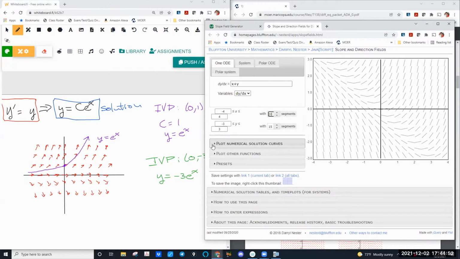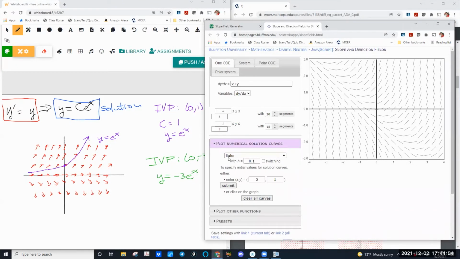Now, if you want to put in the curve that goes with it, we're going to be learning Euler's method here shortly. But remember, this is a different differential equation than the one we just did. This is x plus y. That's actually not a differential equation we're going to solve analytically this semester, but with Euler's method, absolutely. So you get an initial condition, you can put it in here.